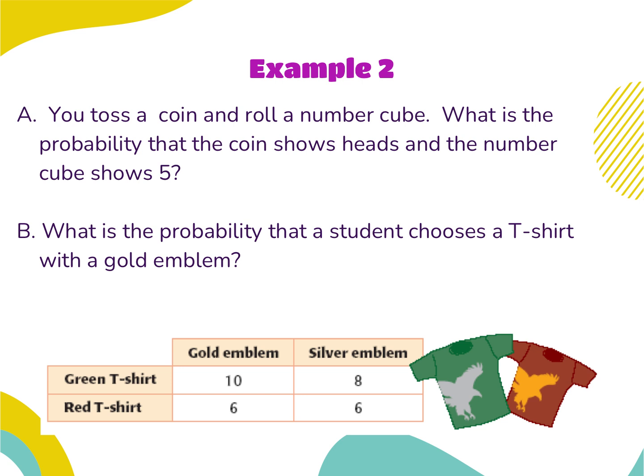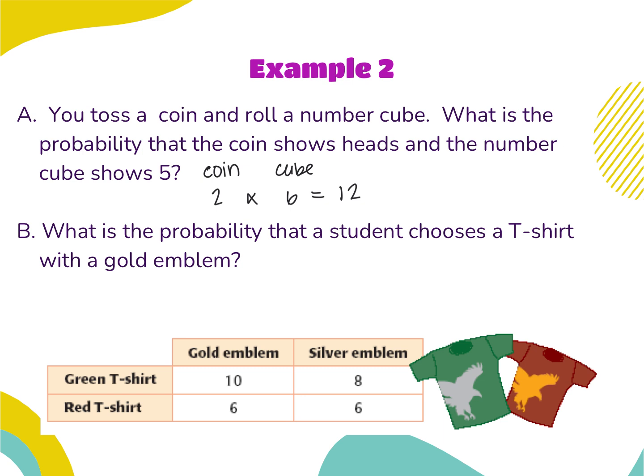What's my sample space? How many sides of a coin do I have? 2. What about a cube? 6. So my total outcomes is going to be 12. Okay, that's my possible outcomes.